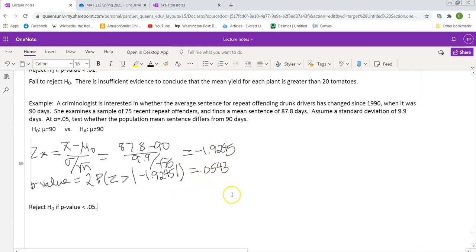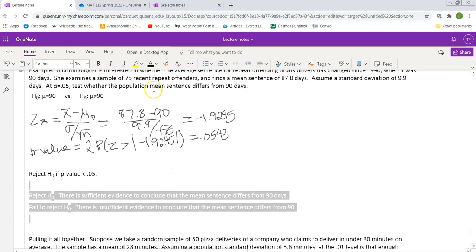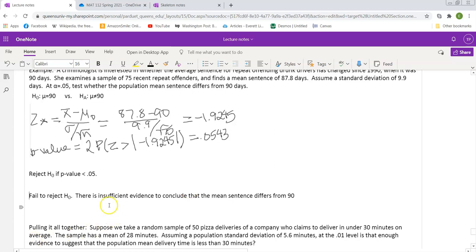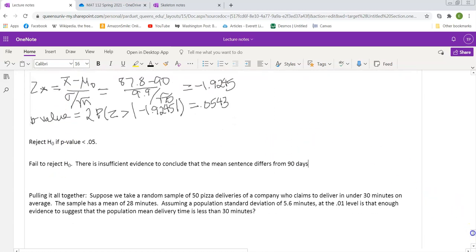This p-value is not less than 0.05, which means that we will fail to reject H0, telling us that there is not sufficient evidence to conclude that the population mean differs from 90 days. For this problem, if they had told us to use alpha equals 0.1, we would have a different conclusion. So we'd have the opposite result.